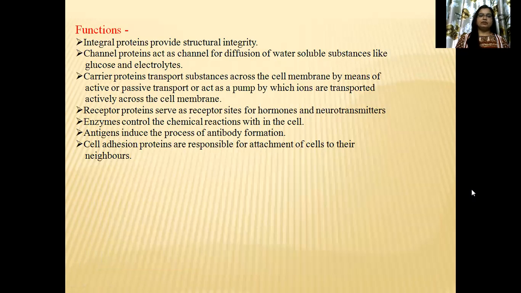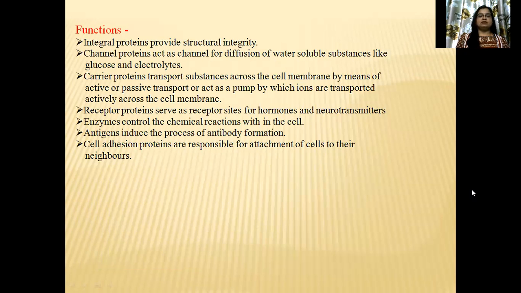Functions. Integral proteins provide structural integrity. Channel proteins act as channels for diffusion of water-soluble substances like glucose and electrolytes. Carrier proteins transport substances across the cell membrane by means of active or passive transport, or act as a pump by which ions are transported actively across the cell membrane.